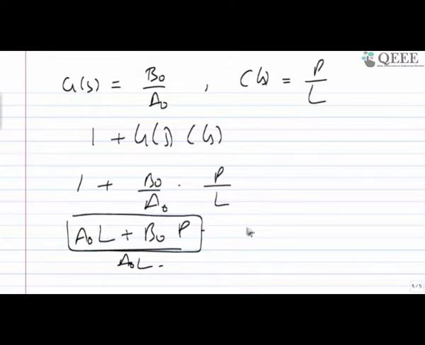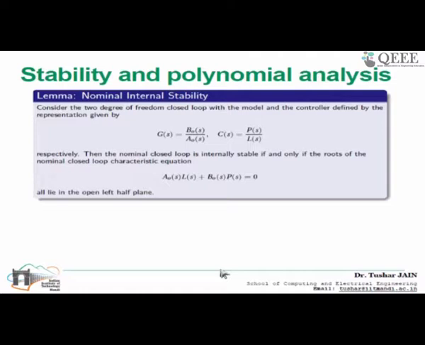So this is also called the characteristic equation, and if I equate it to 0, then the result says that if the roots of this equation lie on the left hand side of the s plane, then your system is internally stable. Let's see this. So how do we prove this? That the nominal closed loop is internally stable if and only if the roots of this characteristic equation lie in the left half plane. So we'll start our analysis.